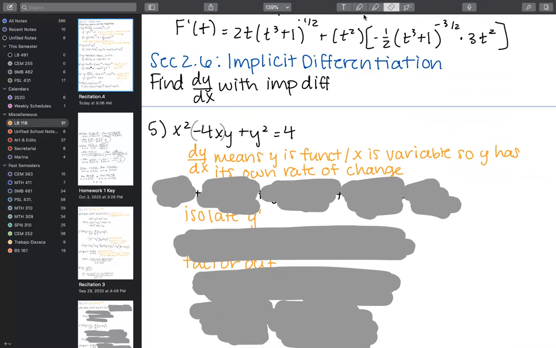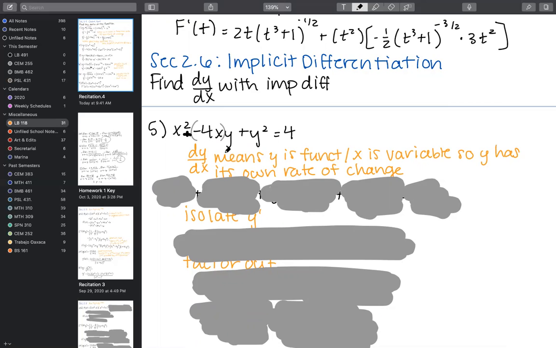So what I'm saying here basically is that x squared plus -4xy, those are equivalent statements, but I've grouped this because it makes it easier for when I'm doing the product rule, because we will do the product rule. Typically, we just do product rule between two aspects of a function that have the same variable. So it could be 2x times cosine of x, and then we would do the product rule between those.